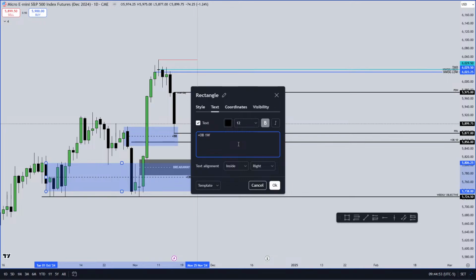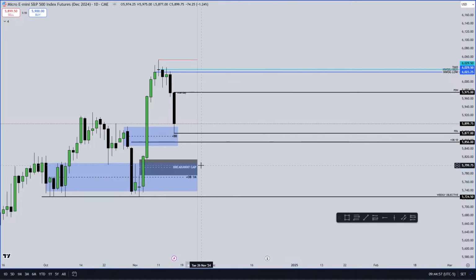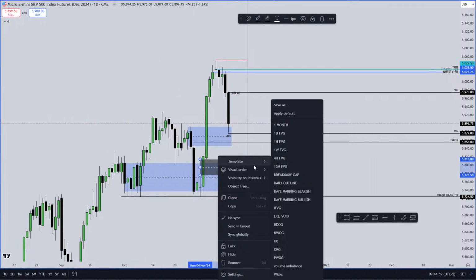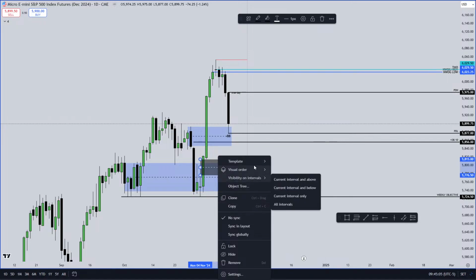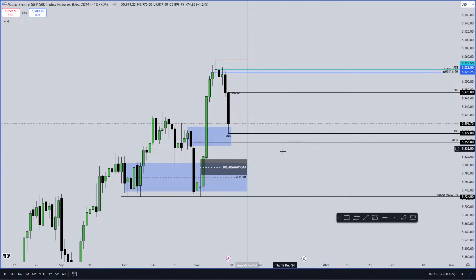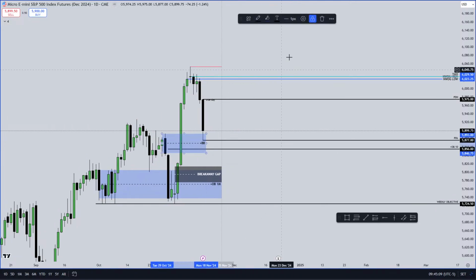This is just the 1 month order block, the body that I've marked. Usually bodies tend to give a higher reaction in the market.